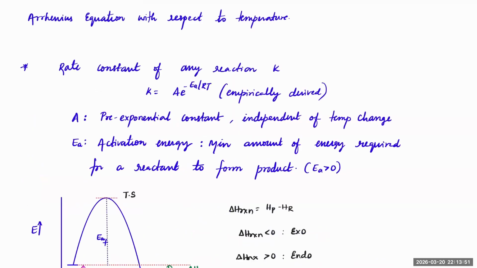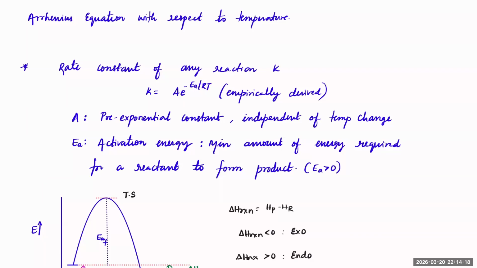The next part of this topic is about understanding something called the Arrhenius equation, which suggests how the rate constant is dependent on temperature. The rate constant of any reaction, K, will be given by an empirical formula, which is A e raised to power of minus EA by RT.